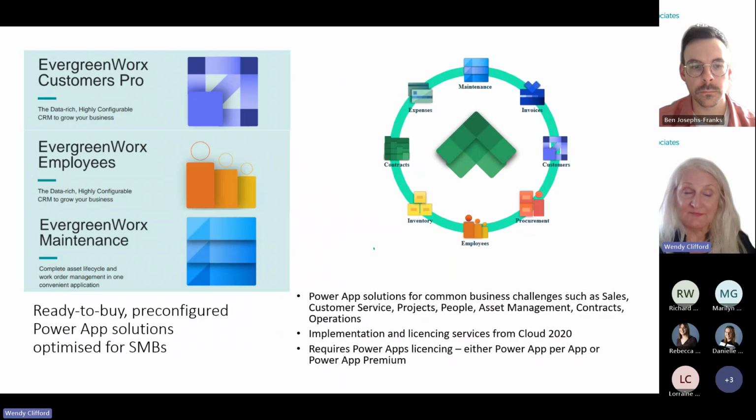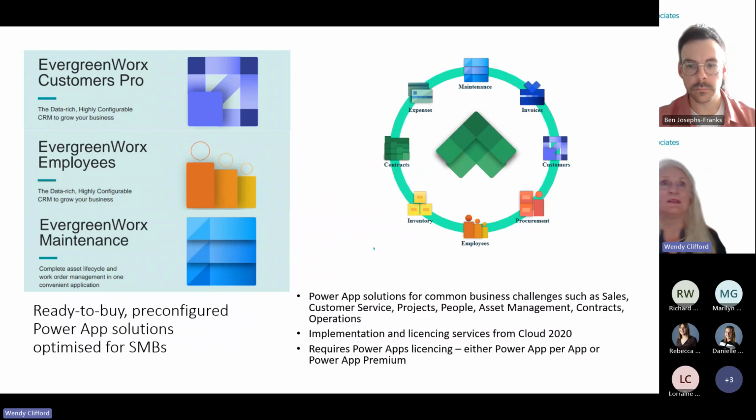So now we're talking about things that use Power Apps, they're called model-driven apps. So basically they use the model provided by Dynamics 365 platform, but they use the much cheaper licensing of Power Apps to access it.